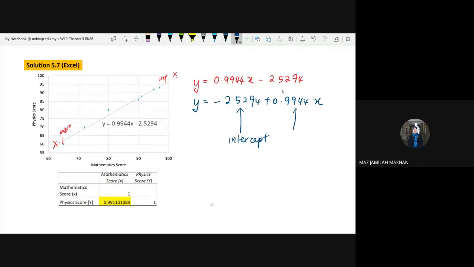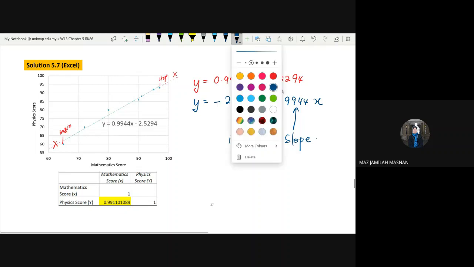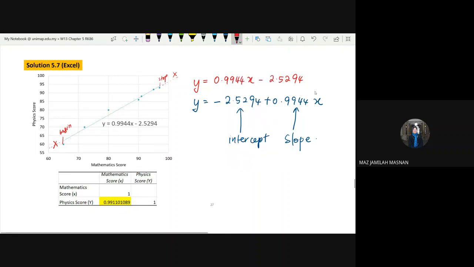This is what we call the beta 1, the slope. Now, class, remember, the slope belongs to whatever the coefficient of your x. You have your x here, so the coefficient here represents the slope.